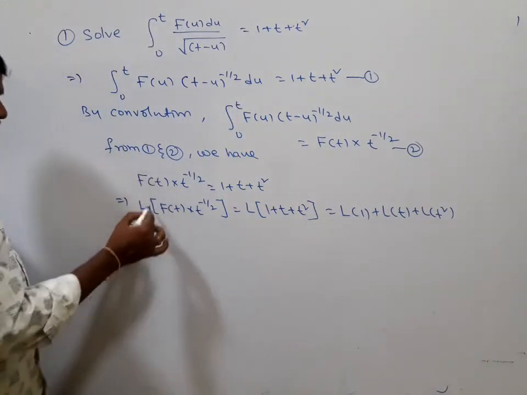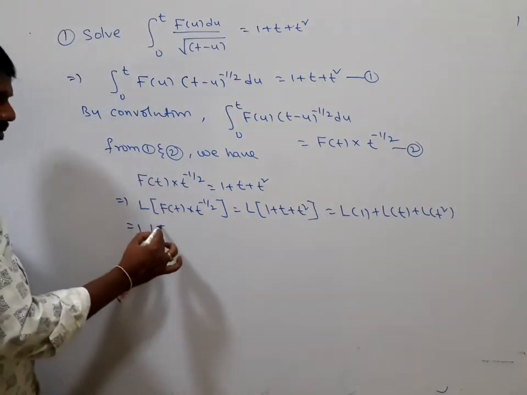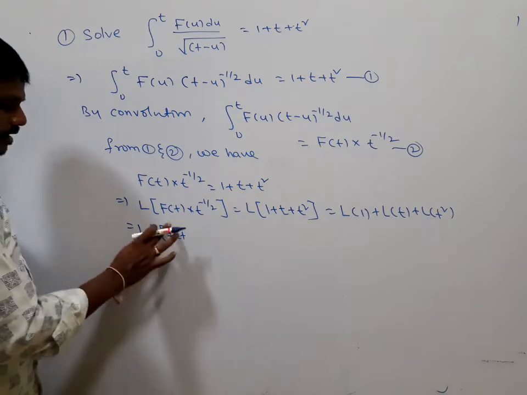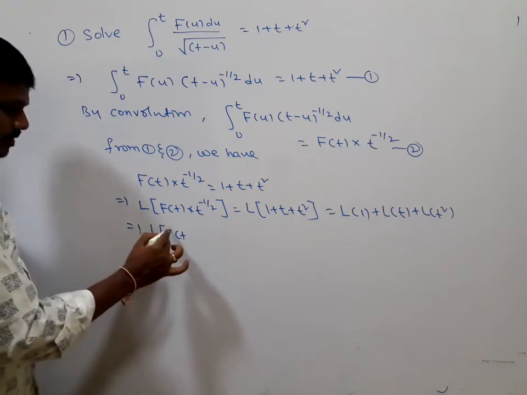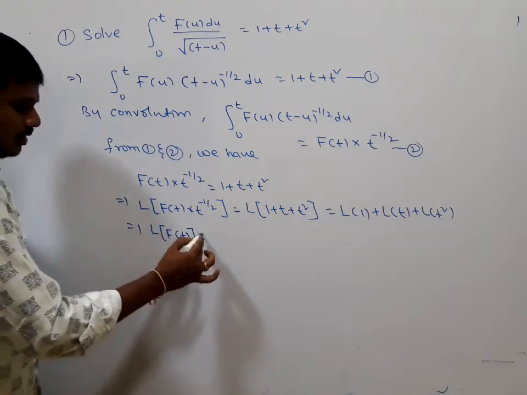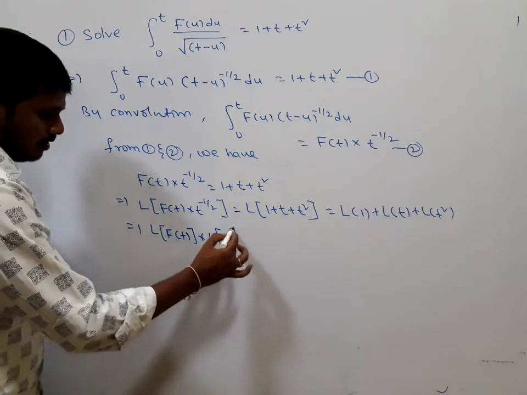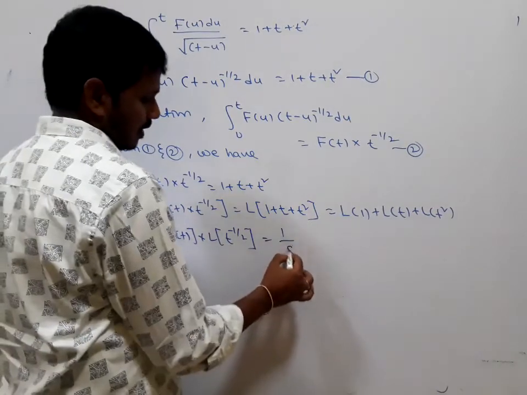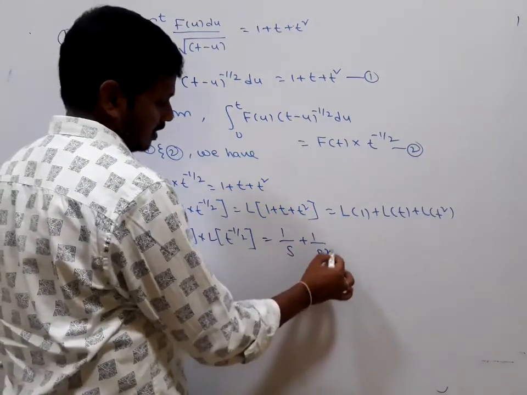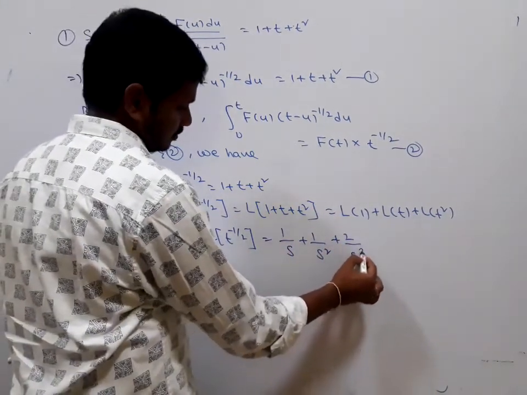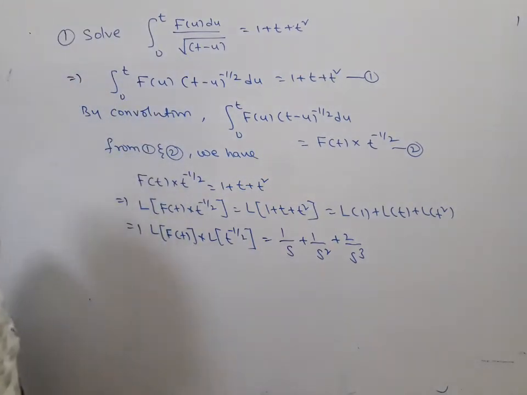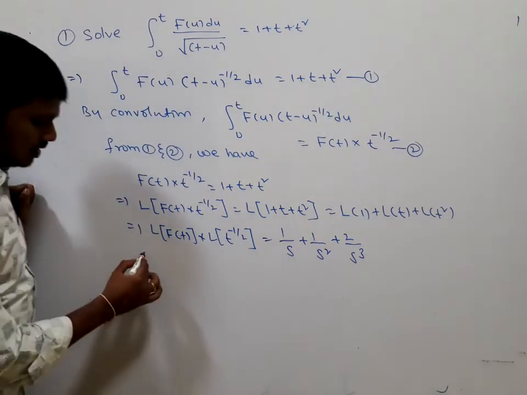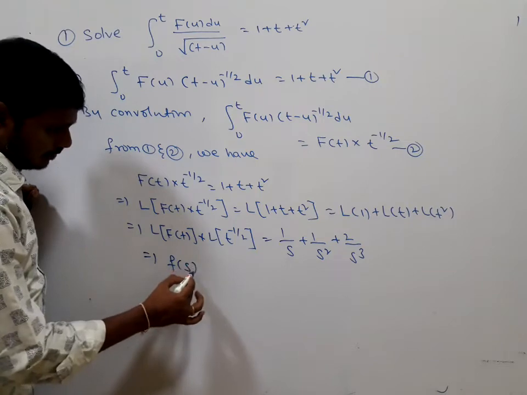By using convolution, it is Laplace transform of f of t, here it is small f, into Laplace transform of t to the power of minus 1 by 2. On the right, Laplace transform of 1 is 1 by s, of t is 1 by s square, of t square is 2 by s cube. The left is f bar of s.